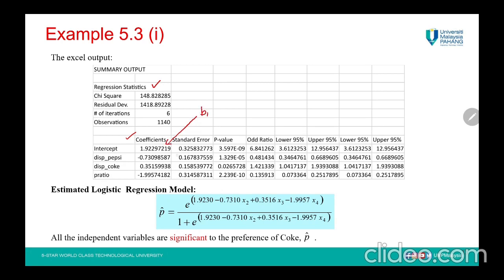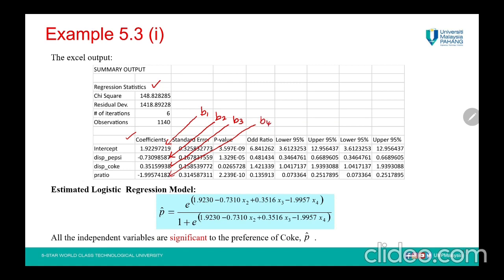The coefficient for display Pepsi gives us the value for B2. The coefficient for display Coke gives us the value for B3, while the last one, the coefficient for P ratio, gives us the value for B4.